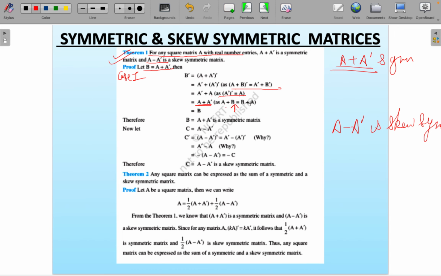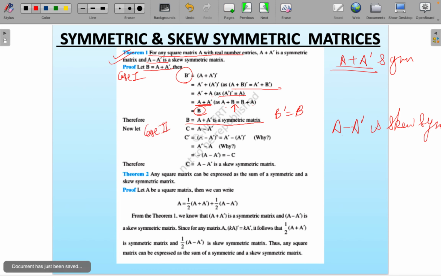A plus B is equal to B plus A. So can I write A transpose plus A as A plus A transpose, which is equal to B. So B transpose is equal to B, hence it is a symmetric matrix. क्योंकि definition of symmetric matrix यही कहती है कि अगर एक का transpose दूसरे के equal है तो वो symmetric होते हैं.